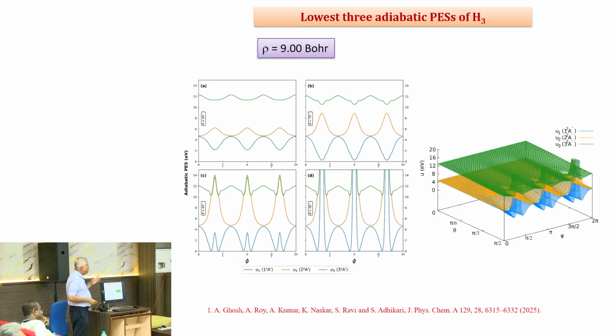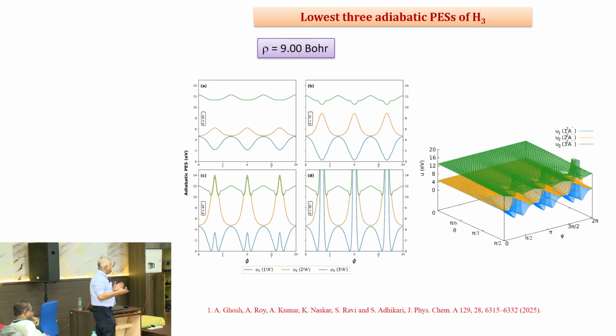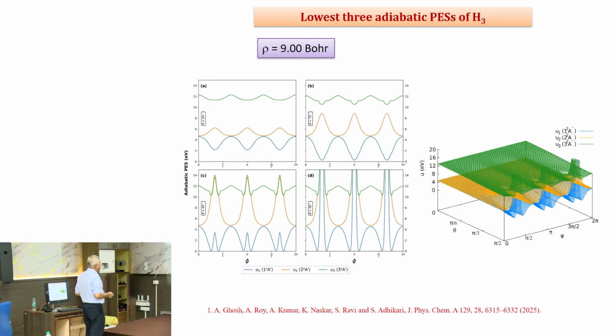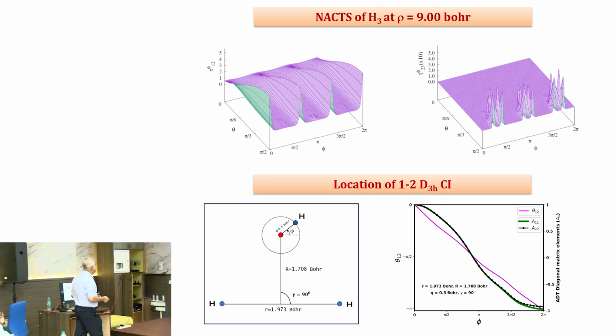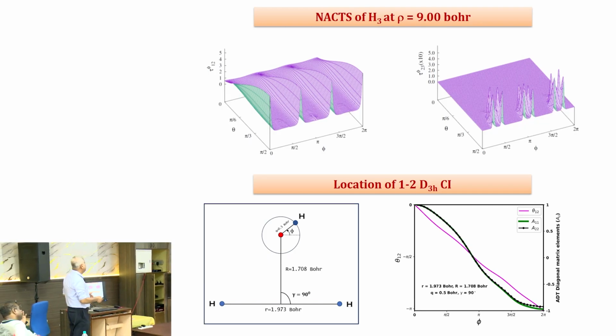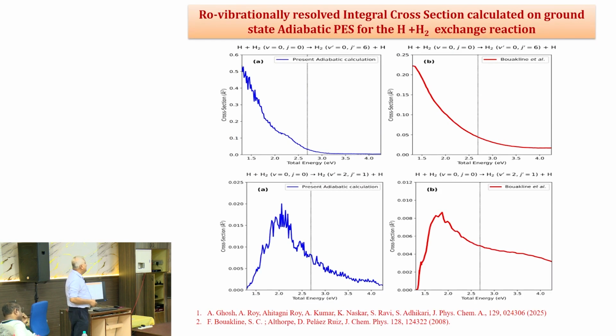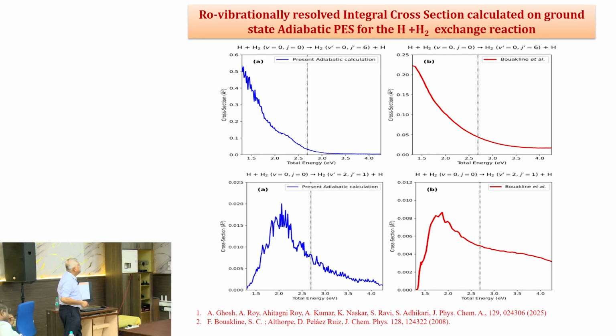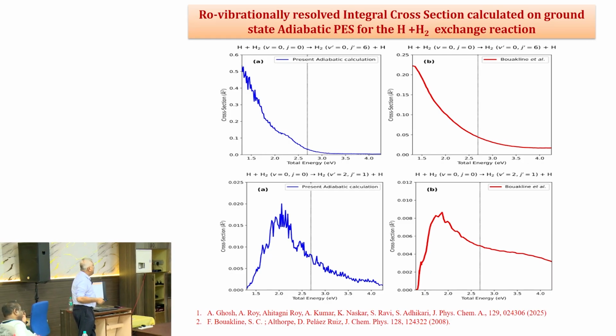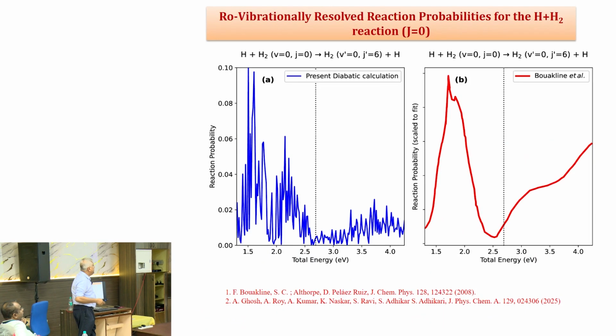Now we have constructed the diabatic surfaces and are doing the dynamics, and this is the D3H conical intersection for that system. You can see this is the non-adiabatic coupling term, and this is the Stewart-Althrup result, and the adiabatic result is more or less agreeing.